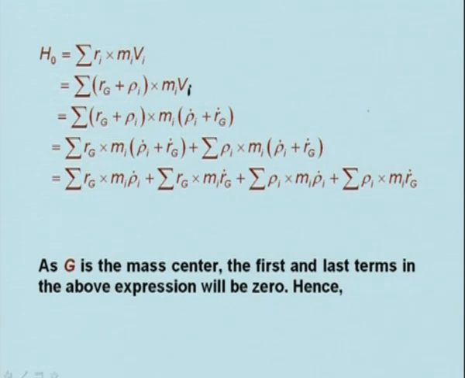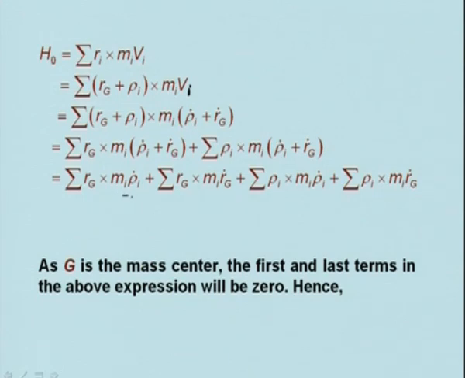Now as G is the mass center, the first and last terms in the above expression will be 0. Rg cross, Rg is a constant, cross sigma mi rho dot_i is 0 because it is about the mass center. You are taking the rate of change of the moment of mass.